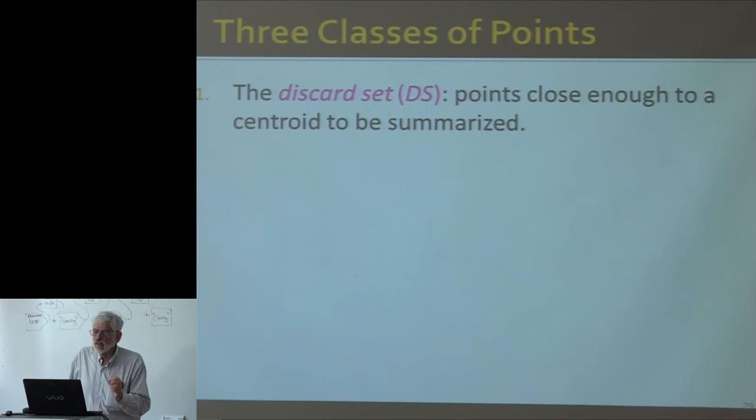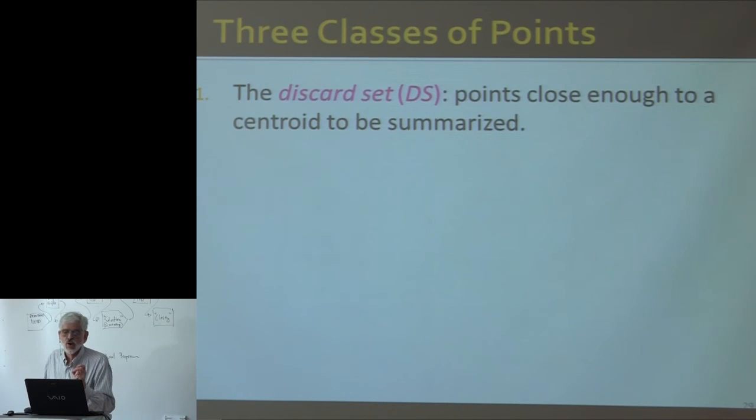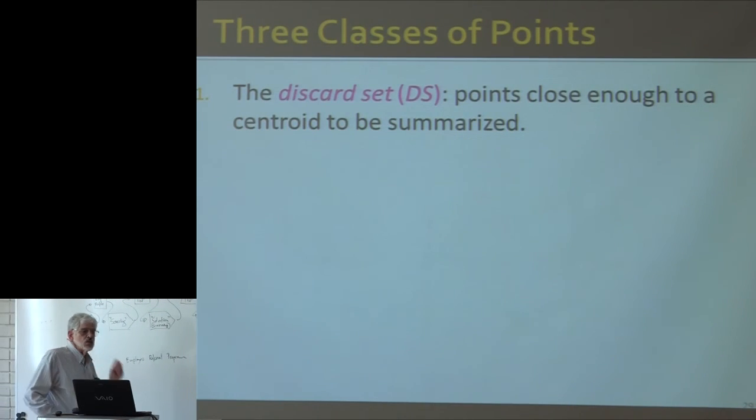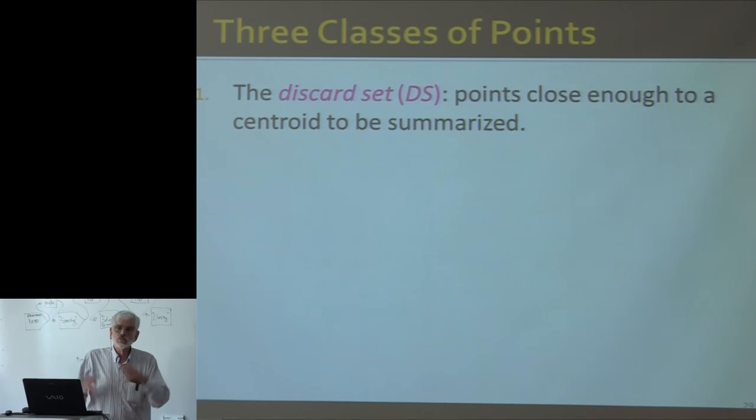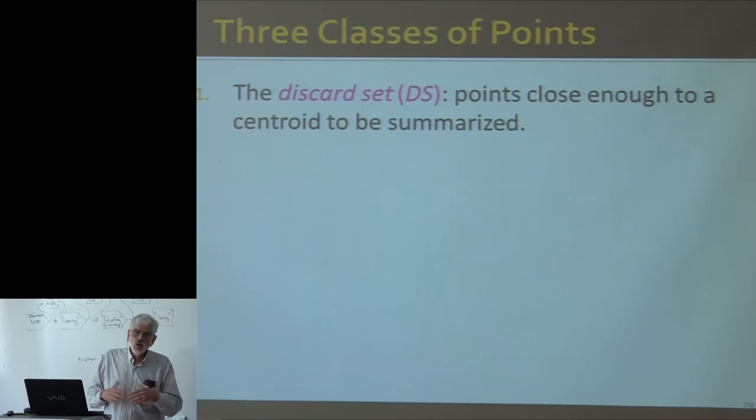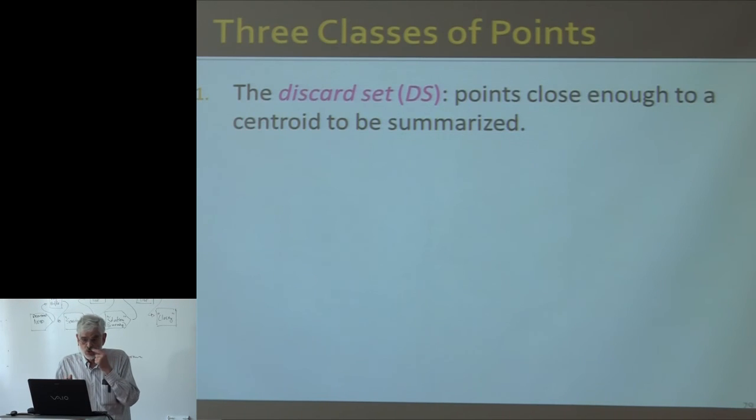You divide the points that you've seen so far into three classes. The discard set, which you hope is the vast majority of points, is things that are close enough to the centroid of their cluster that we're going to throw away the points themselves. Just remember that they belong to a cluster with a particular centroid.